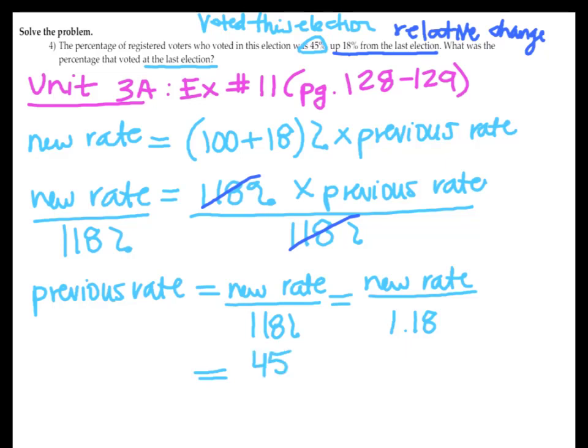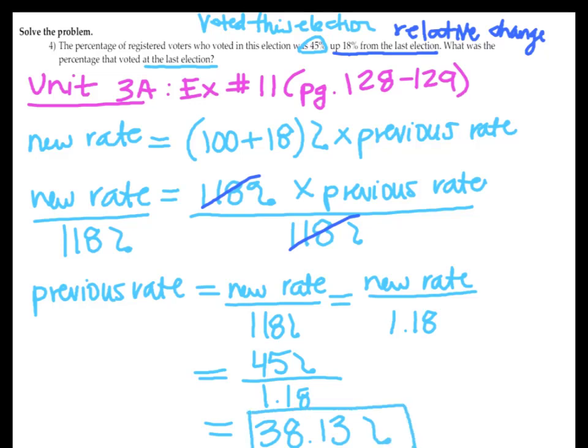So we have 45% divided by 1.18. And so we get 38.13%. So that is the amount of voters that voted at the last election.